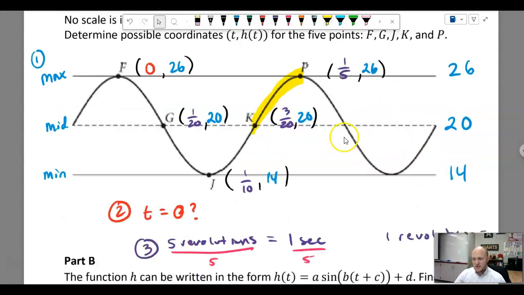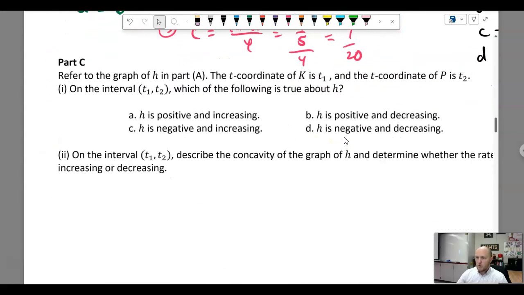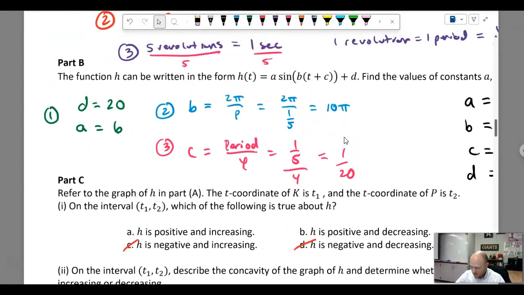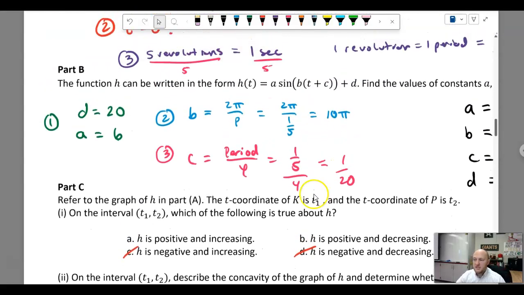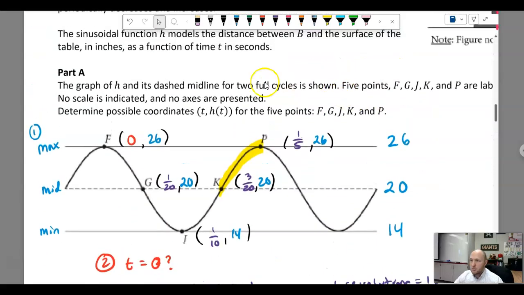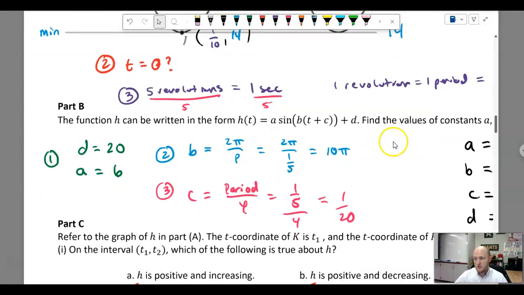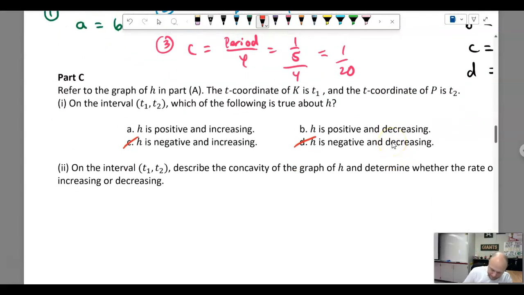But we're definitely positive. So I can throw away C and D. And then we want to know, are these values of H increasing or decreasing from K to P? And look, we're going up, so that means we're increasing. Y values are positive, and they're getting more positive, so the answer is going to be A.